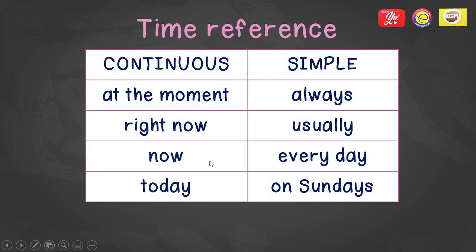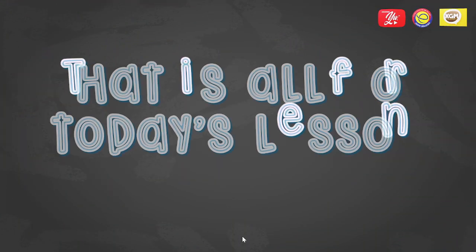Okay, so for present continuous, we have phrases like at the moment, right now, now, and today. And for simple present, we have time reference like always, usually, every day, on Sundays, which means that on every Sunday, and so many more.